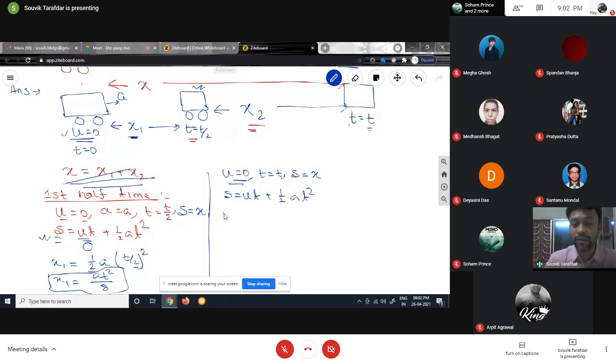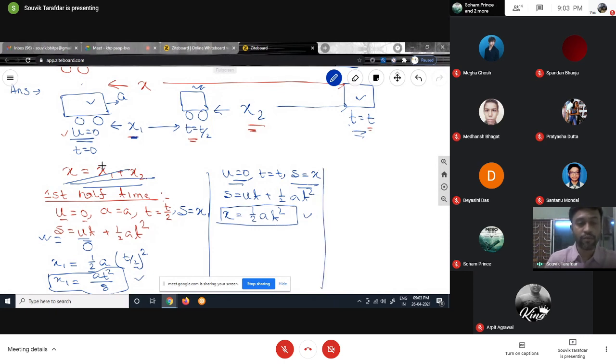So s is equal to x. This total distance we are talking about, students. So x is equal to half a t square. Why? Because it started from here and went over here, and t time it took. So x is equal to half a t square, and x1 is equal to this much.